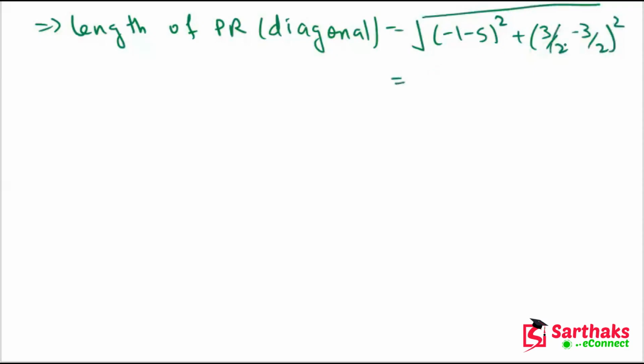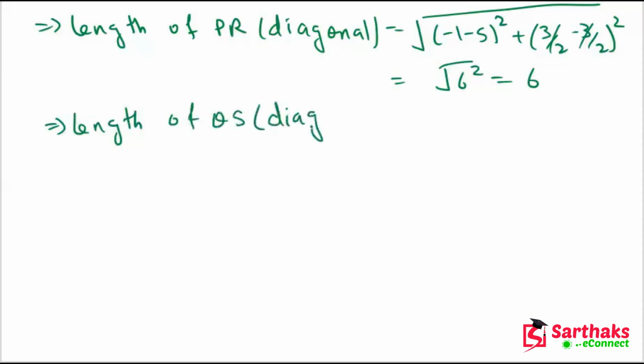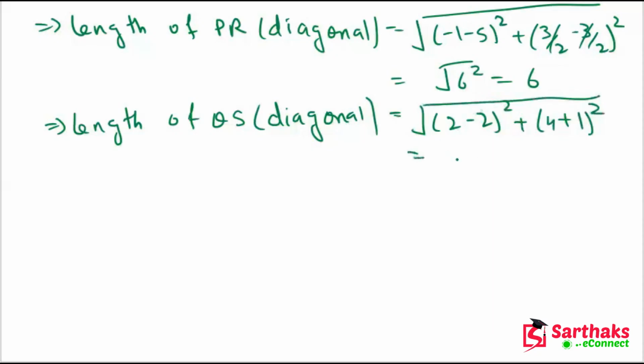If we solve this, the second term cancels and we get 6 square, which is 6. Now the length of the other diagonal, QS, is under root 2 minus 2 whole square plus 4 plus 1 whole square. This will give 5.